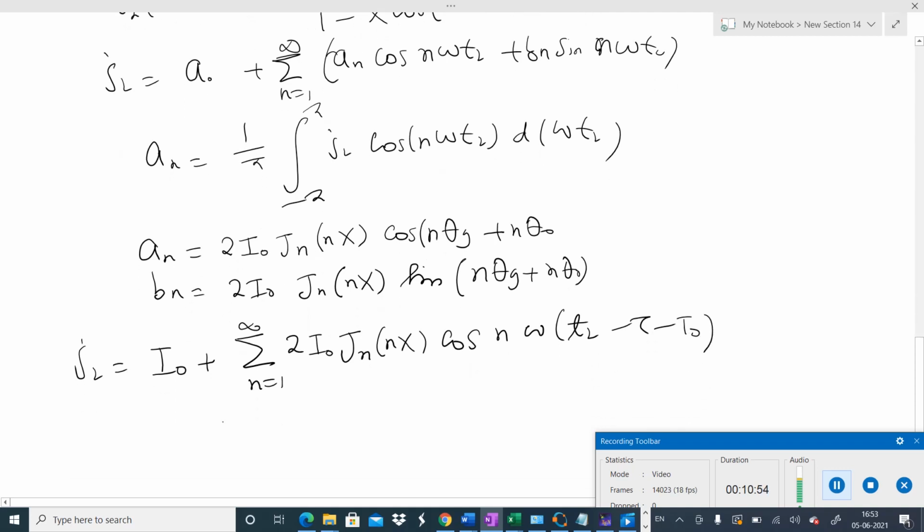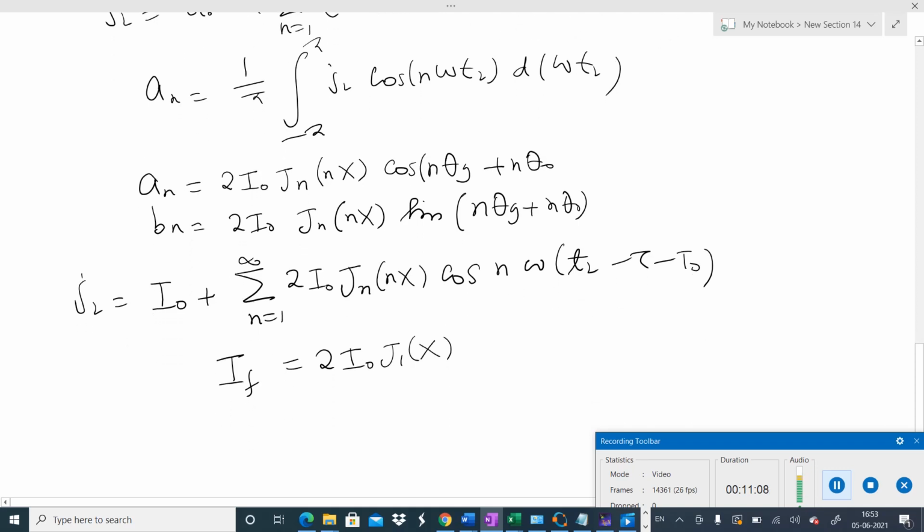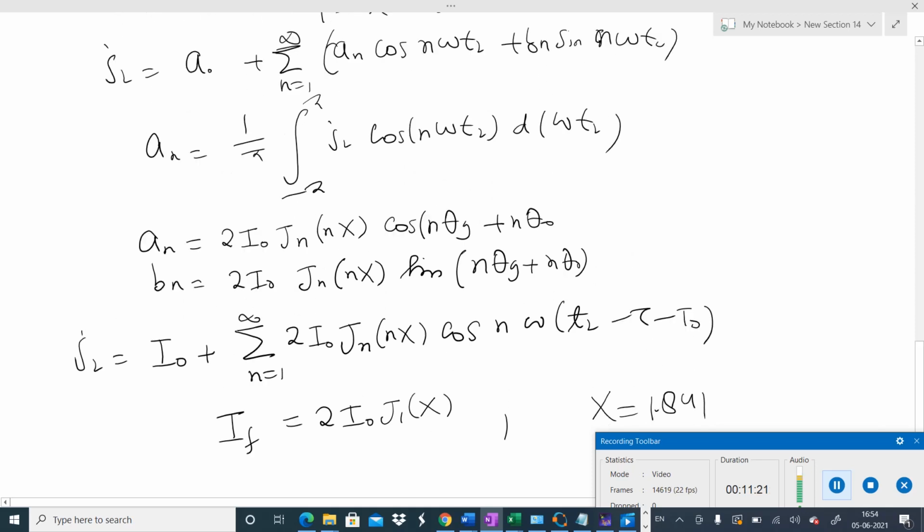The fundamental component, which has the significant amplitude, is 2 times I naught J1 of x. Using the plot or numerical values of Bessel functions, this fundamental component approaches its maximum value when x is equal to 1.841.